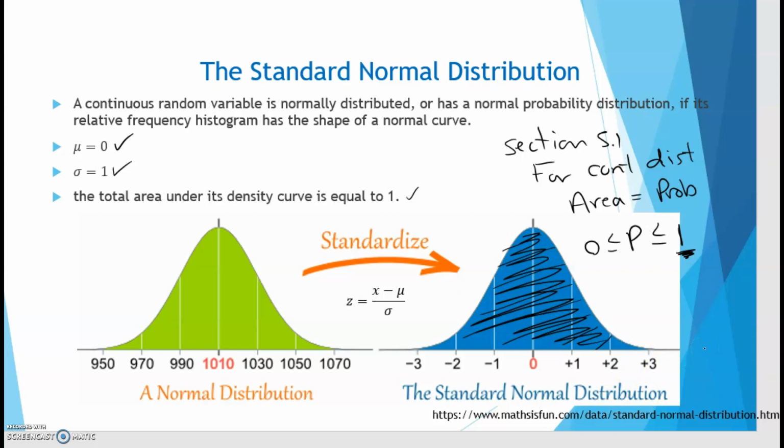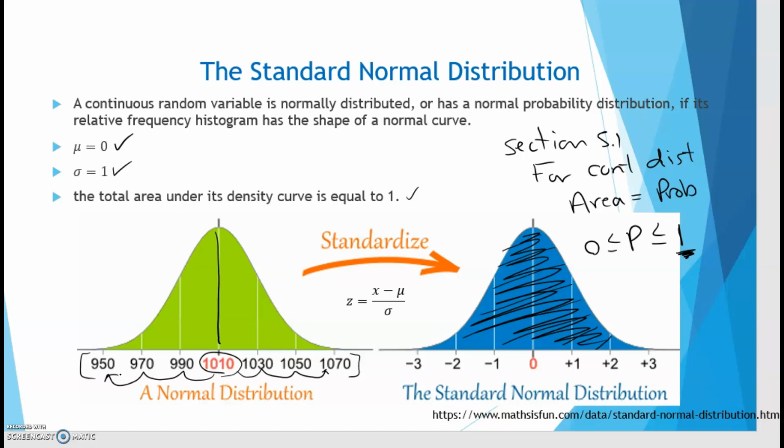Now, how you take a normal distribution and standardize it. Notice all these numbers here: the number right in the middle of your normal distribution is your mean. Then you keep adding your standard deviation over this way, and you keep subtracting your standard deviation this way. Now that is just a normal distribution because your mean is not 0 and your standard deviation is not 1.